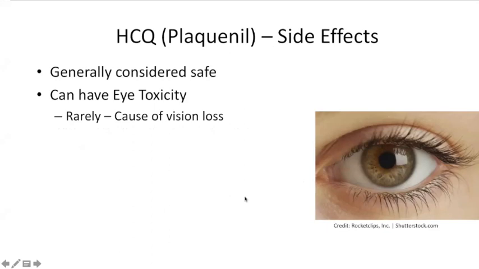Another side effect that is more of something that requires monitoring but not a major concern, and because it's not very common, is the eye toxicity. In very rare cases, usually at higher doses over longer periods of time than it's used in juvenile myositis, there can be a risk of vision loss.